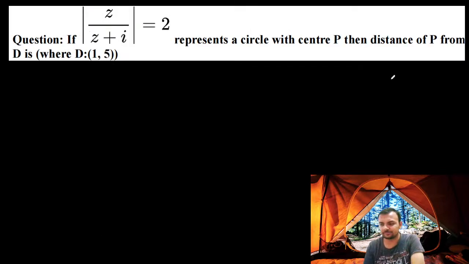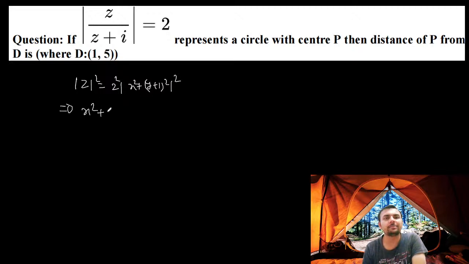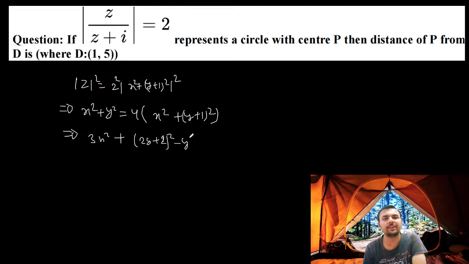Now this is the question. Mod Z equal to 2 time of x square, whole square. Y plus 1 whole square. X square plus y square, 4 x square, y plus 1 whole square. It is 3x square, 2y plus 1, 2 pi plus 2 whole square minus y square equal to 0.